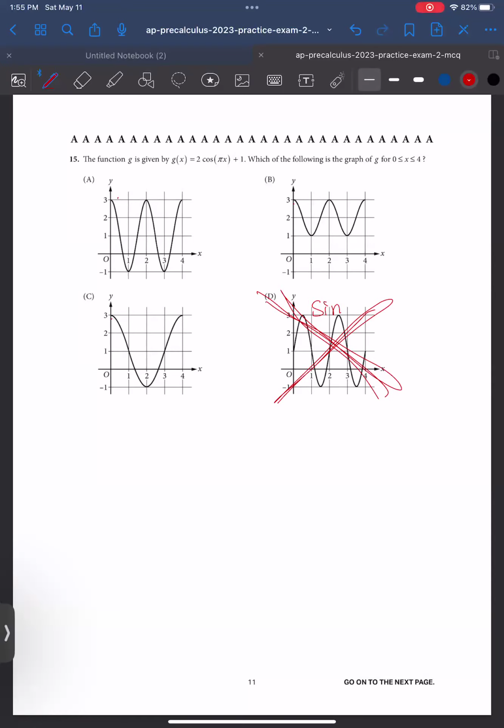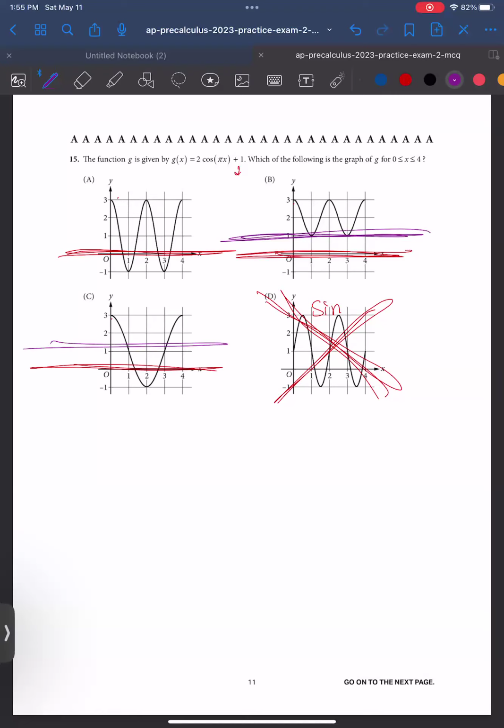Okay. Now I'm going to go ahead and use the information of the transformations that I'm given. So the first thing is I have a plus 1. Remember that my midline default is always at 0, right? And now a plus 1 says bring that up. So it's B, I think.